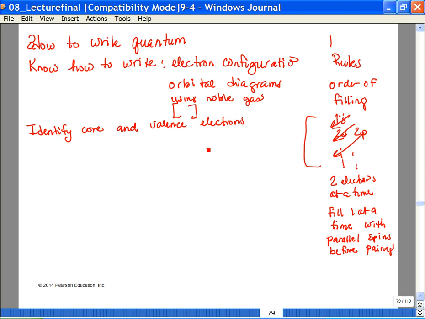And then once we know what the core and valence electrons are, we can also write this for cations and anions. We know that anions add an electron. Cations remove an electron.